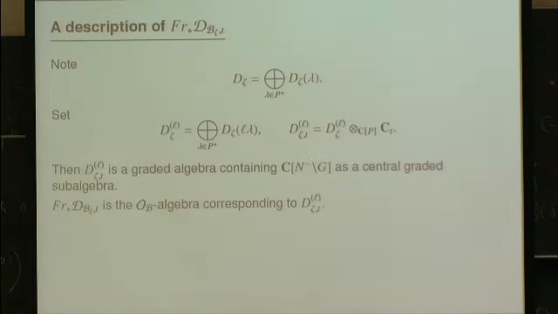So we can consider the corresponding quasi-coherent sheaf on the ordinary flag manifold. But since this has a multiplication, we can define the multiplication, and this turns out to be an O algebra on G over B. This is just a definition.